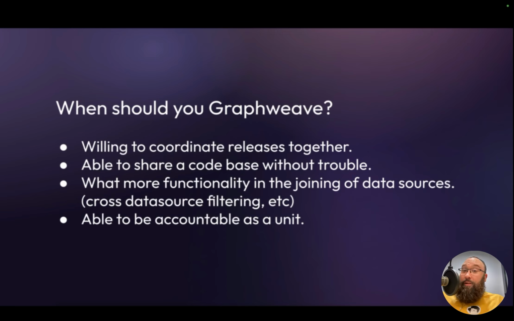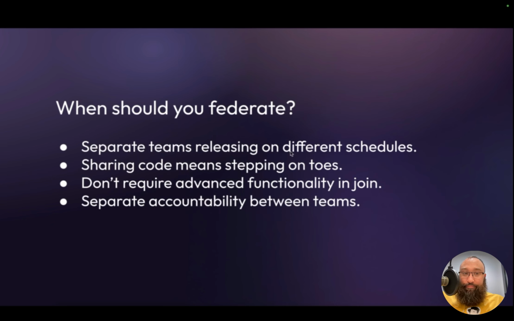If you can comply with all of those things, then you can get more power at the technical level. You should federate when you are separate teams releasing on different schedules, when sharing code between you is going to mean that you're breaking each other's stuff all the time and fighting more than you're working together. And if you don't require all of the crazy advanced functionality that Graphweaver gives you, then federation is a more loosely coupled way to collaborate and still build one API.